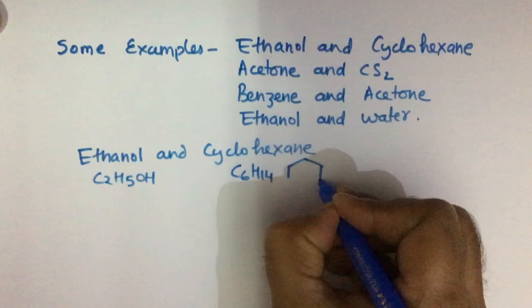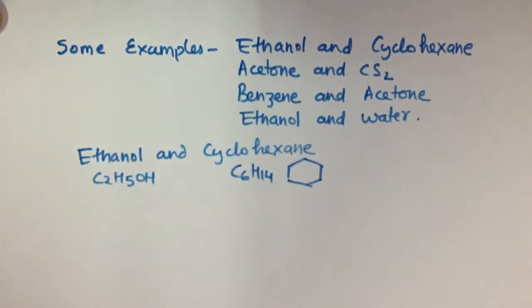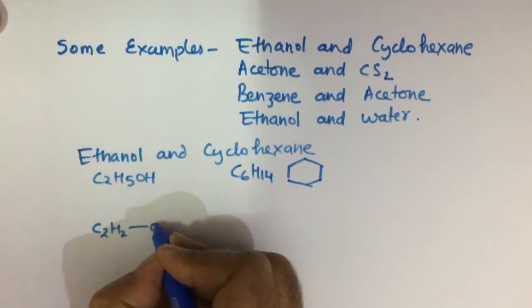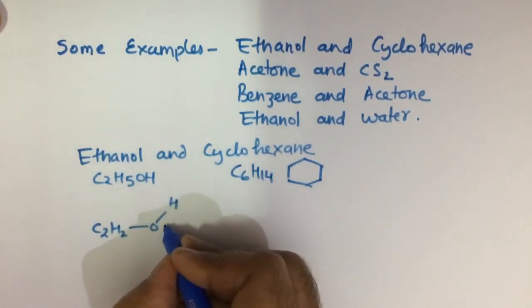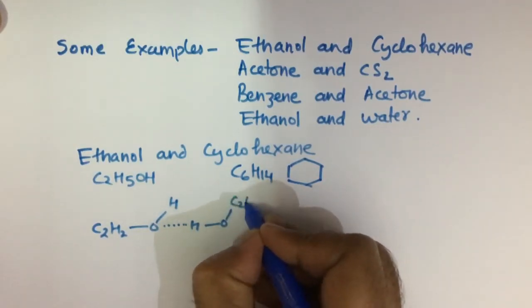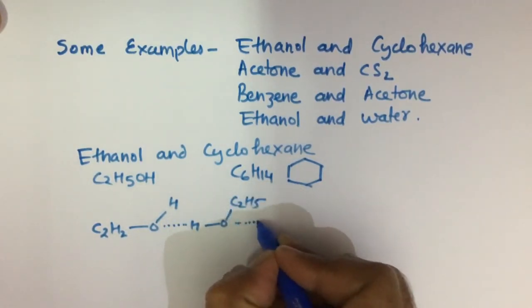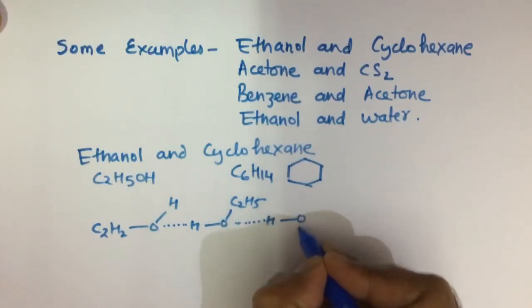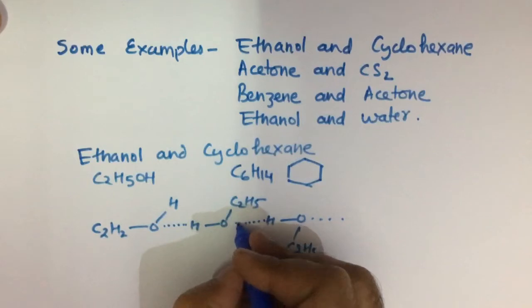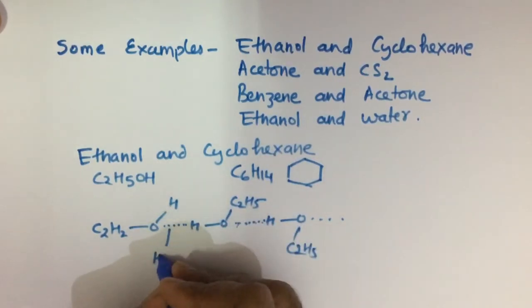It can be represented as this hexagon. Now in ethanol, the molecules are bonded through hydrogen bonds. These dotted lines represent the hydrogen bonds.